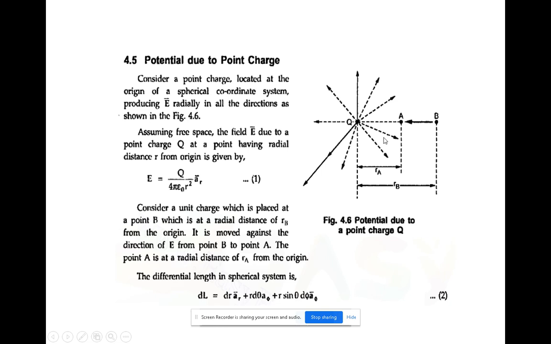Now we are going to assume free space, so consider the electric field due to point charge Q at a point having radial distance R from the origin.